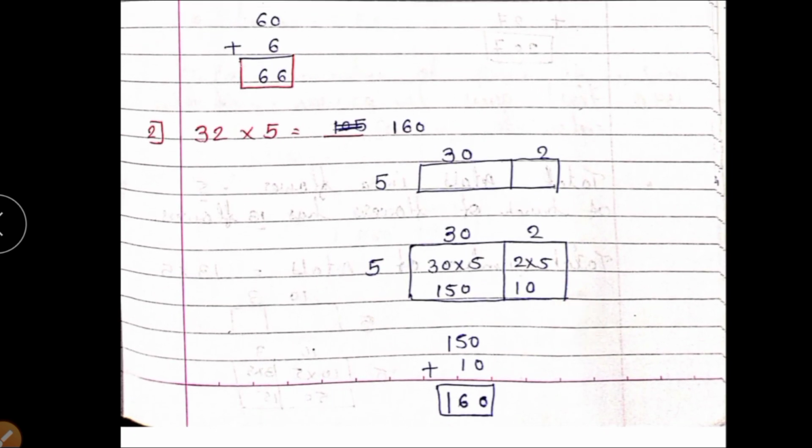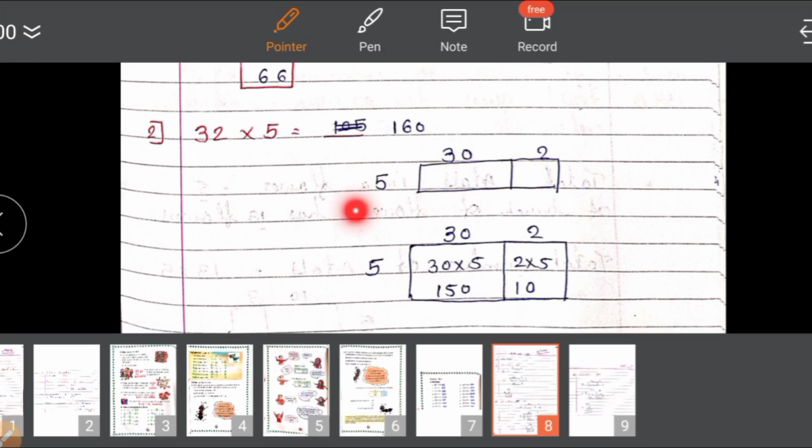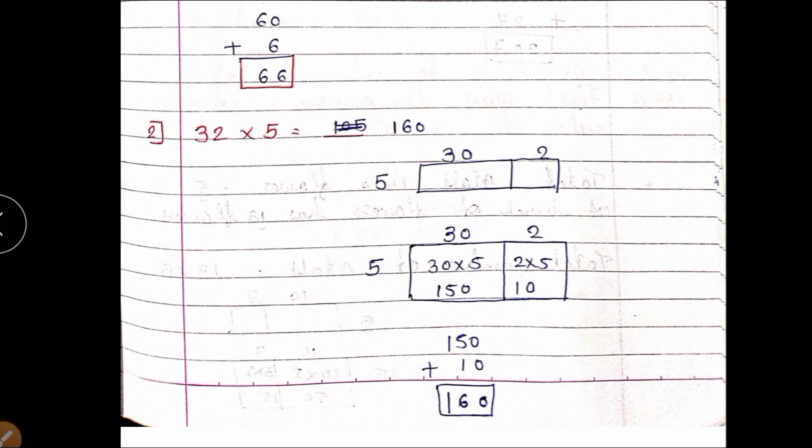Okay, now another sum, 32 multiplied by 5. Okay, so for 32 we can write 30 and 2 and multiply by 5. So first multiply 30 multiplied by 5 and the next is 2 multiplied by 5.